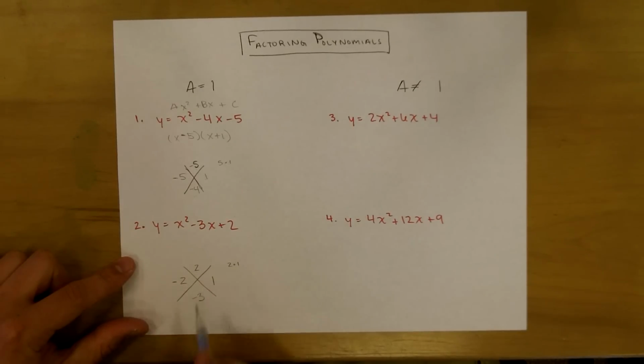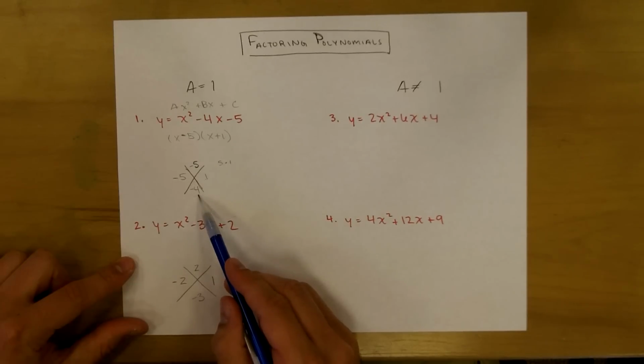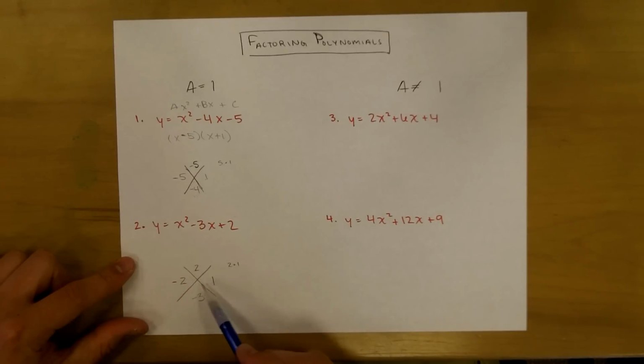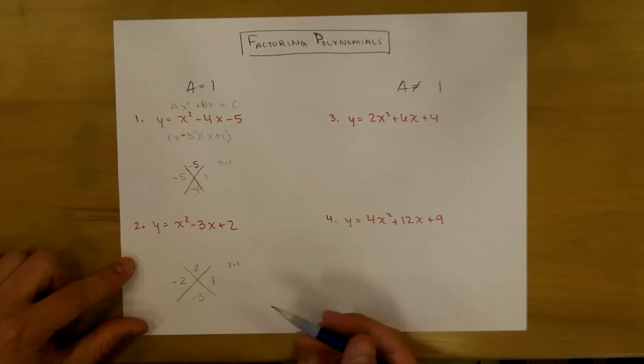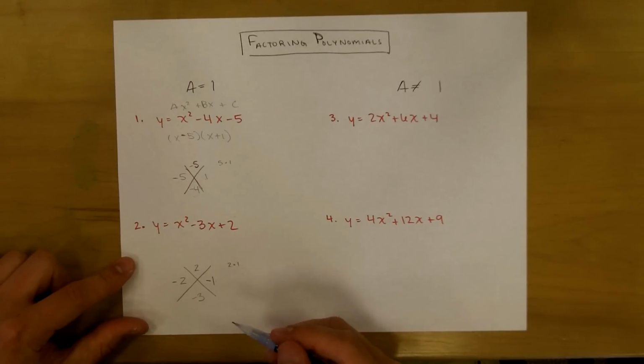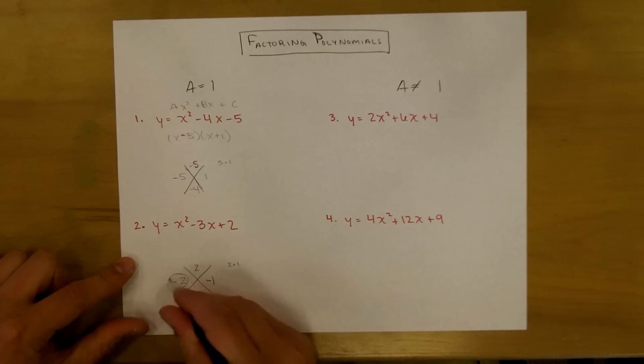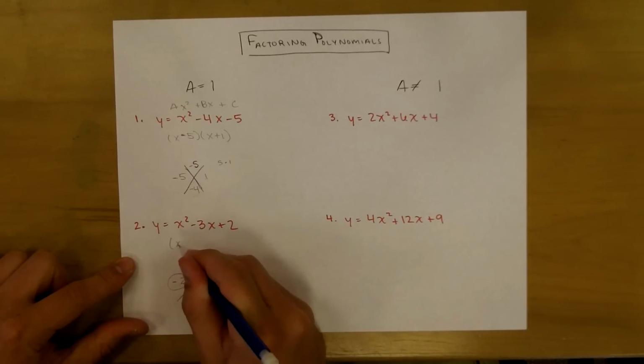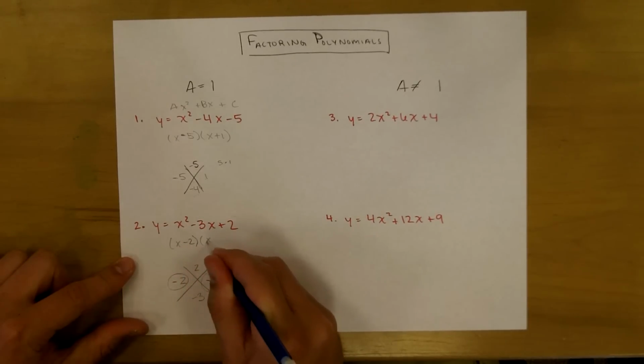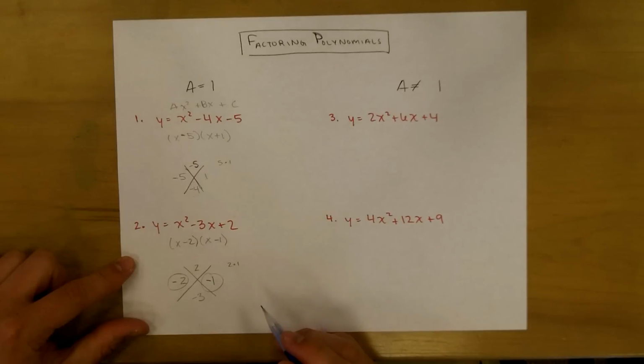Well, remember that rule I said about the bigger of the two numbers has to follow the bottom of the diamond. So this for sure has to be negative. But then negative 2 plus what equals negative 3? Plus negative 1. So then these are your solutions. So x minus 2 and x minus 1.